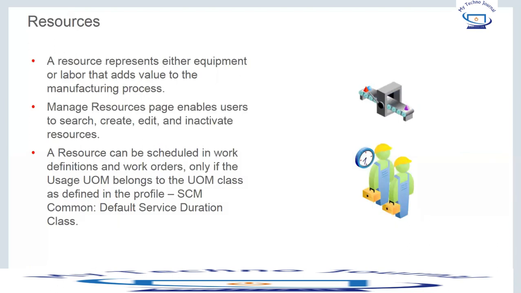So if I use a particular resource for 1 hour, how many dollars I charge per hour, that rate I can define. And while defining the resource, I can even decide whether that resource is available for 24 hours or only for a particular duration, for a particular shift.